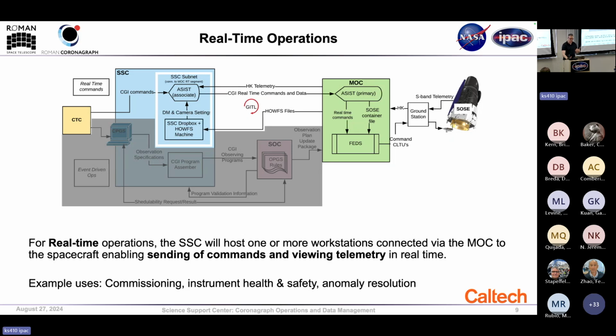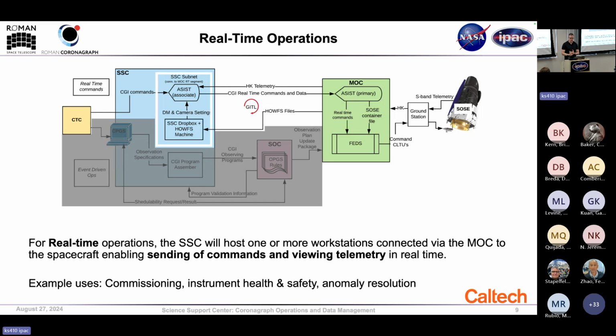First of all, operations, two flavors: real-time operations, where we have computers downstairs, like I mentioned, where we host workstations that can connect directly to the Mission Operations Center, and you can send commands and view telemetry in real time.